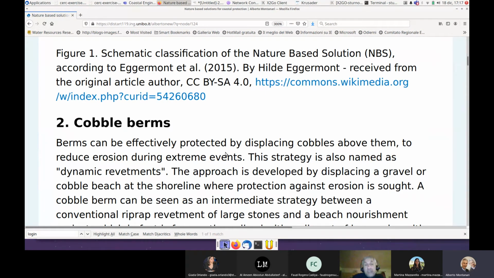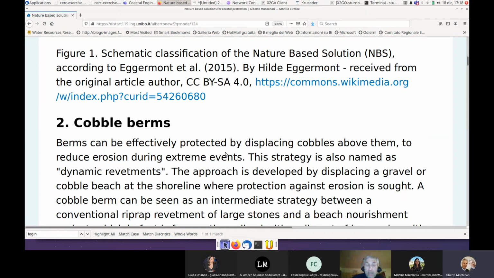This is an intervention that is very popular. Sometimes, if you go back with your memory, you may go into a beach and see that there are some cobbles mixed with the sand. This is probably after an intervention of protection through the use precisely of cobbles.